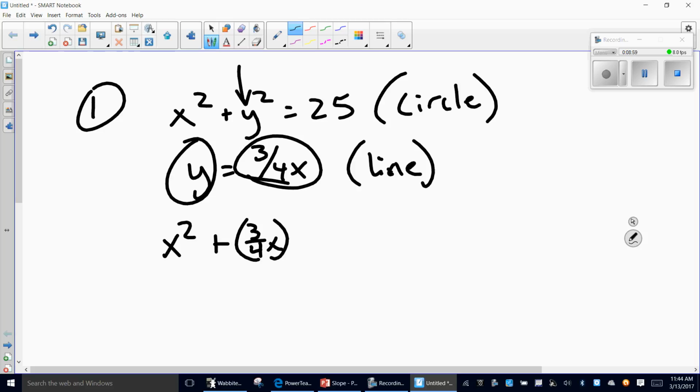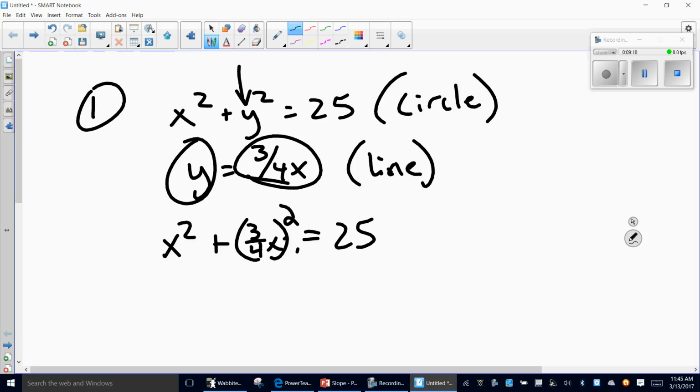In parentheses, don't forget I still have the squared. So I took the y out and I put 3/4 x in its place. Now, the question is, can I take the 2 to everything on the inside or do I need to write it twice?